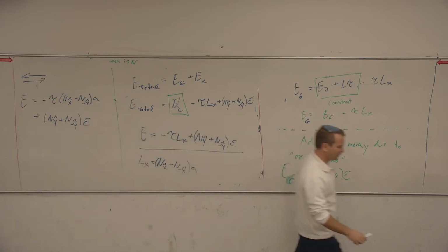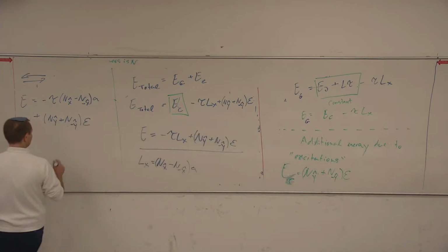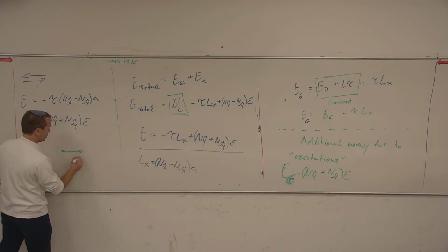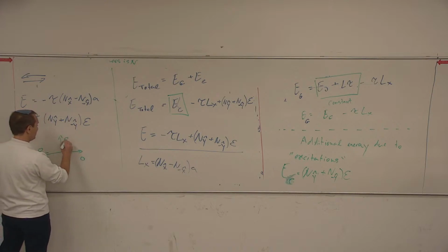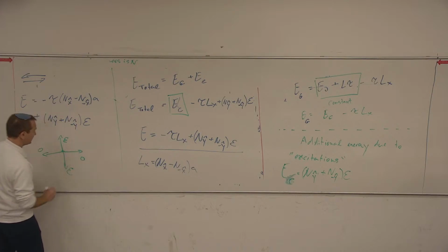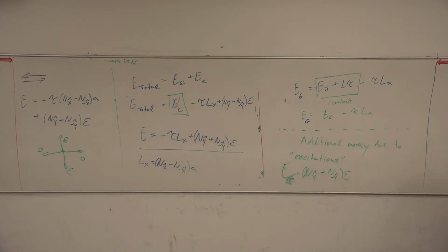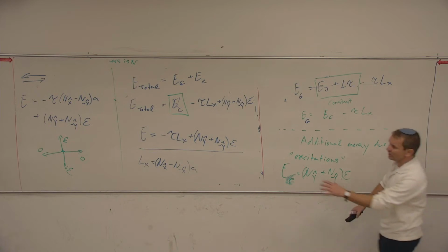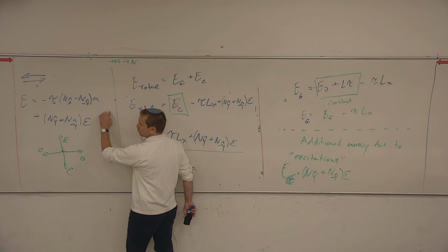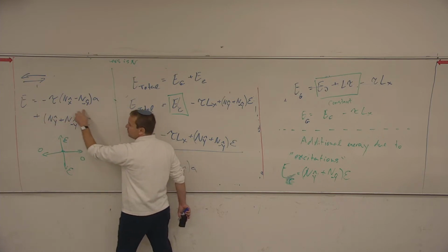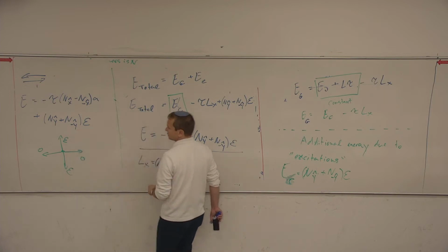Now remember, my particles have the following energies: 0, 0, epsilon, and epsilon. This is not exactly a sum over all the different particles. So this is a sum on all the excitations.